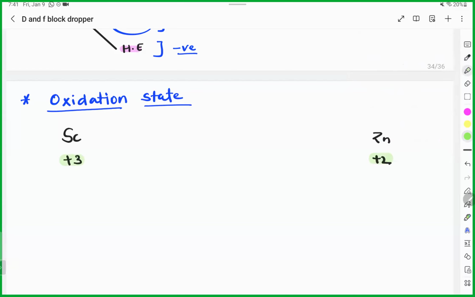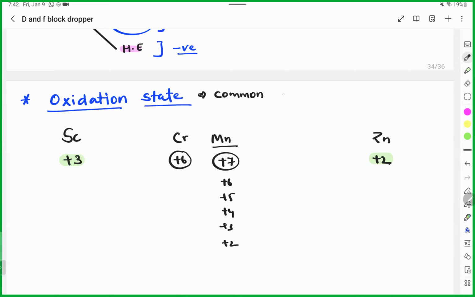But in the middle, if you consider manganese, it can show up to +7. Chromium can show +6. You have very high oxidation states in the middle, and not only +7, it could be +6, +5, +4, +3, +2, not less than 2. So you will see one common oxidation state present in all is +2.